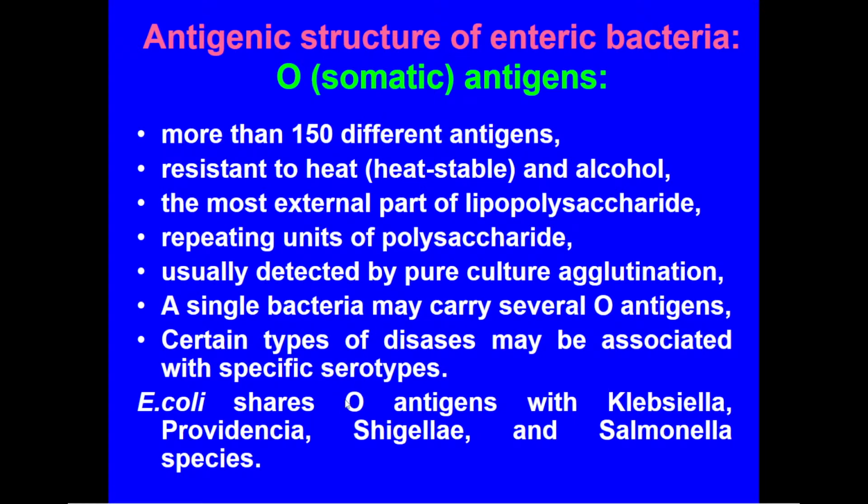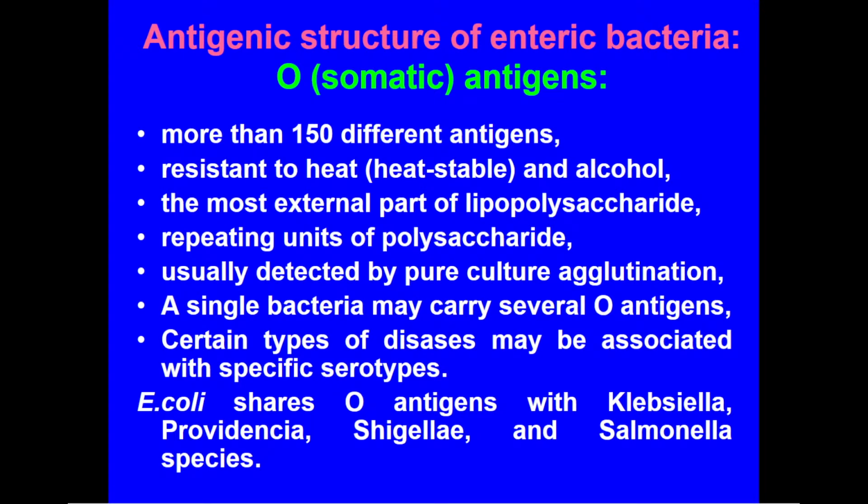For example, if we are talking about E. coli, a somatic antigen, for example 22, causes enteropathogenic disease, and for bacteria that carry somatic antigen 157, this is a number, it may cause the most severe Escherichia coli infection that can be life-threatening.